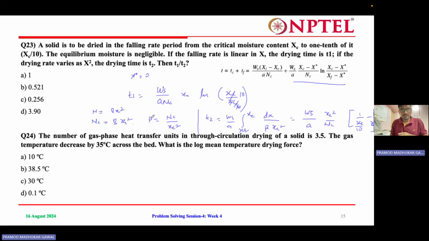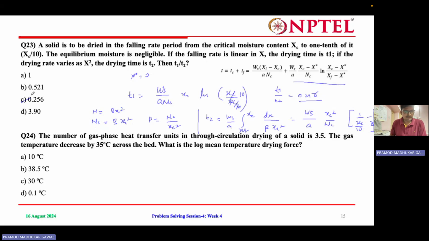So here is T1 by T2. By solving, you get the answer T1 by T2 is equal to 0.256. Option C is correct.